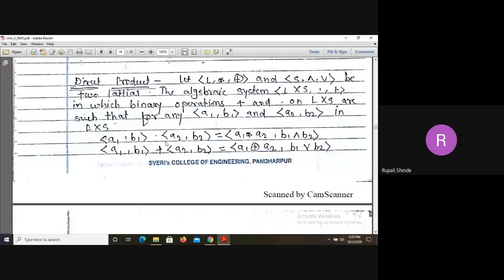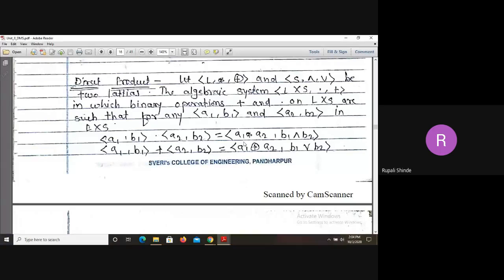A1, A2 are the elements of the first set. And what is the first operation we performed here? That is the star operation. That's why we get A1 star A2. Again, this AND operation is defined for the second set, and B1, B2 are the elements of the second set.